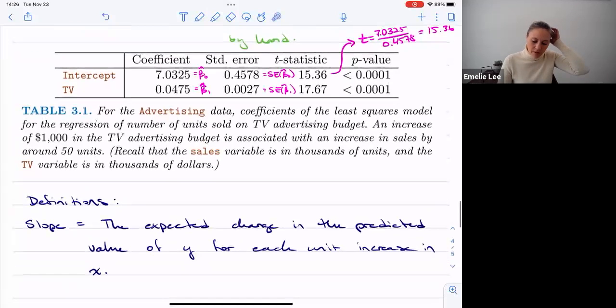So in terms of these coefficients here, it means that we expect to see an increase of 0.0475 in the predicted sales for each unit increase of $1,000 in the TV advertising budget.